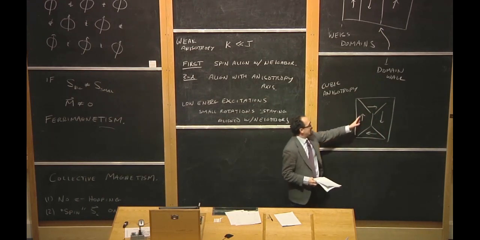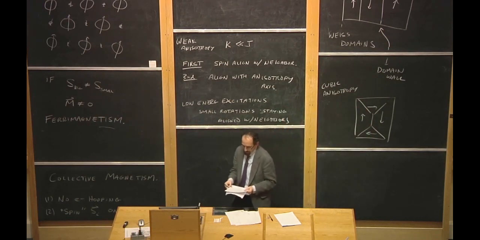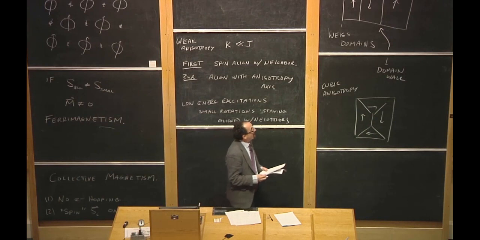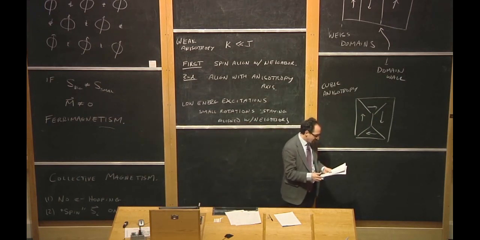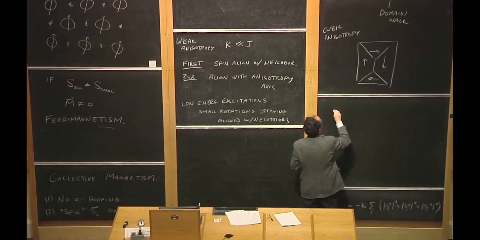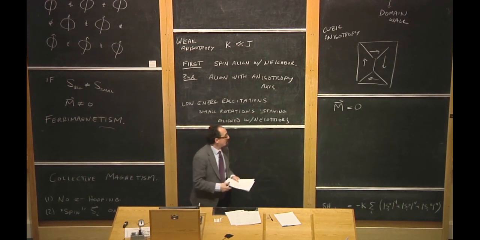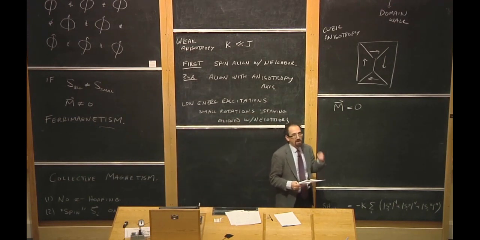This is putting each dipole sort of head to tail with the next dipole, which improves the energy even better. Overall, the total magnetization of one of these magnets is now 0 again, because you have just as many up domains as down domains, and you get no magnetization at all.